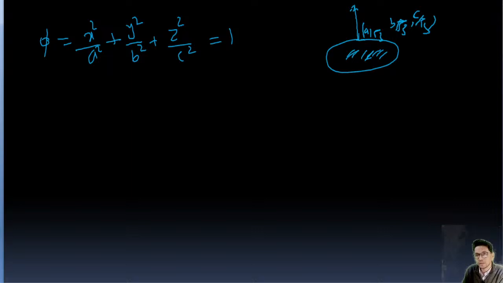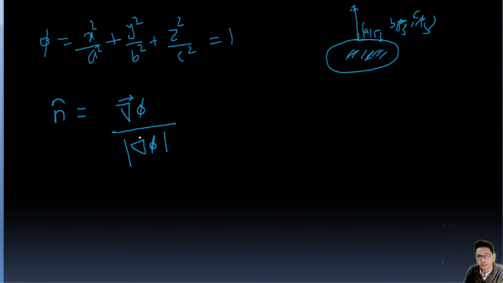So the ellipsoid equation, that is phi, is given. Now we know the formula for the unit normal vector, that is n cap equals gradient of phi upon mod of gradient of phi.